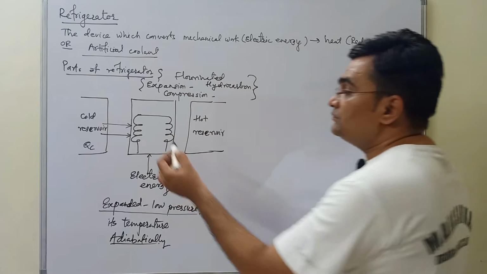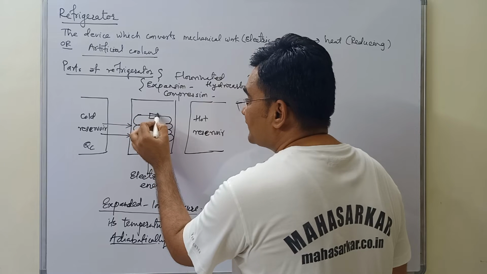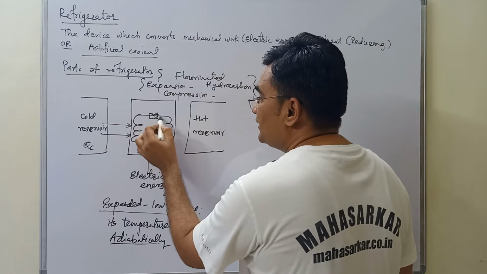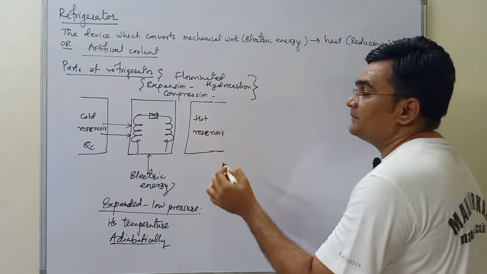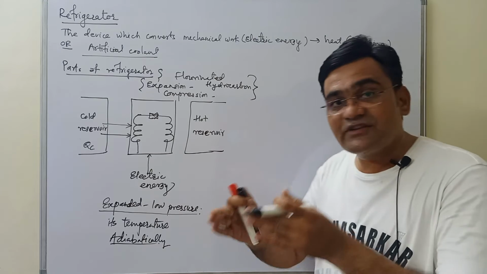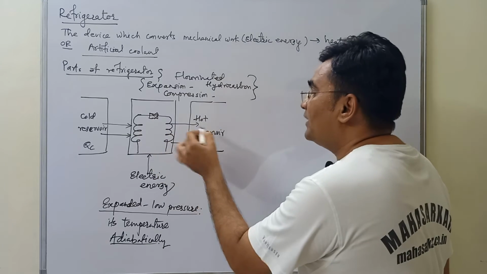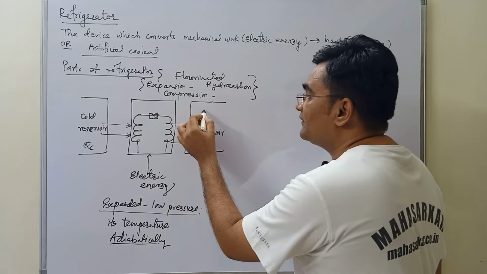Now this expanded gas, through the valve connected here, is sent to the next compressor chamber. That compressor compresses the gas. Because of that, its heat is now sent to the hot reservoir.